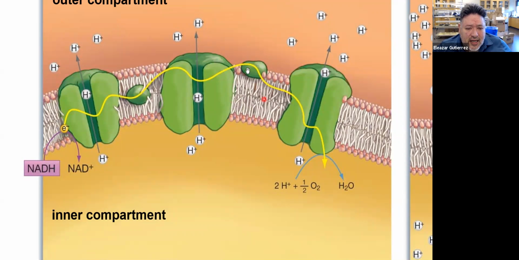There's one doing it, and see, we're going to suck up all the energy of that electron until there's absolutely no more energy left. And that electron is going to drive proton pumps that drive protons against their gradient. And when that electron no longer has any energy, it's going to associate with oxygen and two protons, and it's going to form water, and we're going to breathe out water.